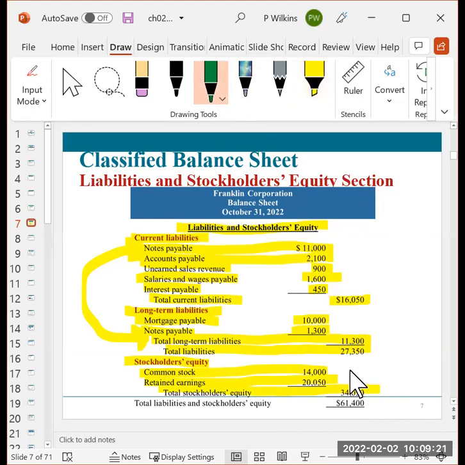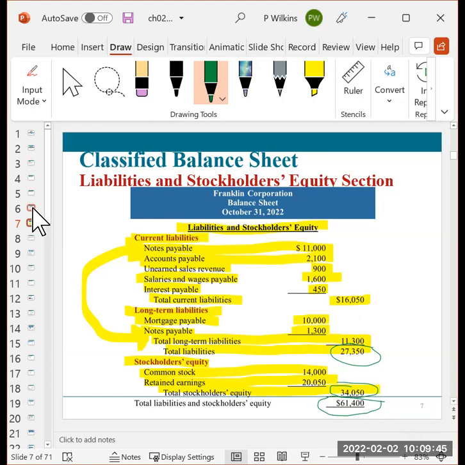And now you're going to add the 27,350 total and the 34,050 together. That gives us the 61,400, which is the total liabilities and stockholders' equity. If we remember from chapter 1, the assets need to equal the liabilities plus stockholders' equity, right?